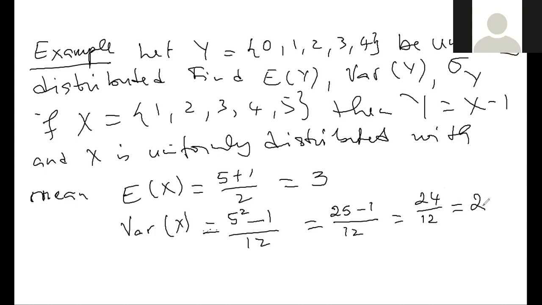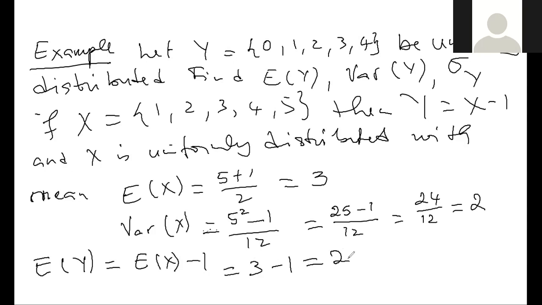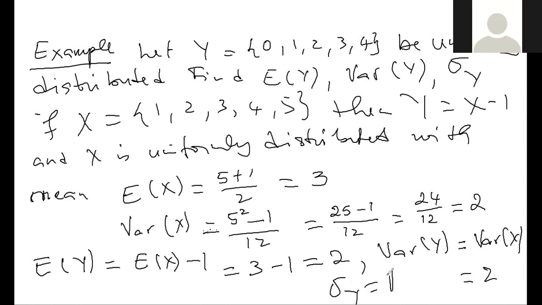So we will now have that E of y is equal to E of x minus 1, which is 3 minus 1 equals 2. And variance of y is equal to variance of x, equals 2. And the standard deviation of y is square root of 2.